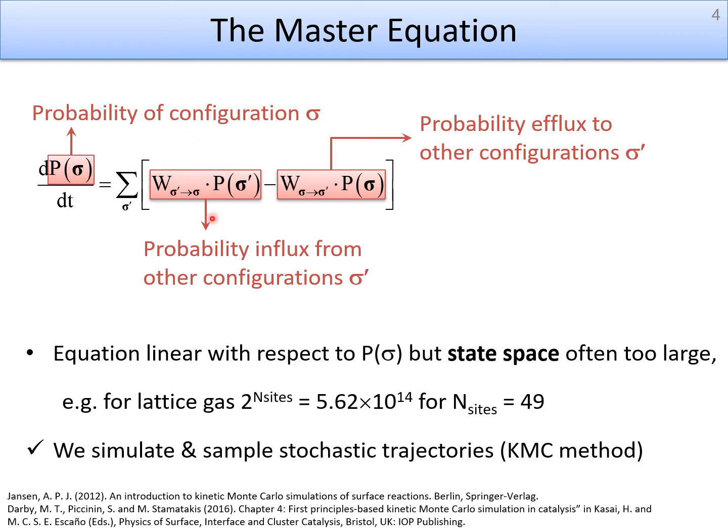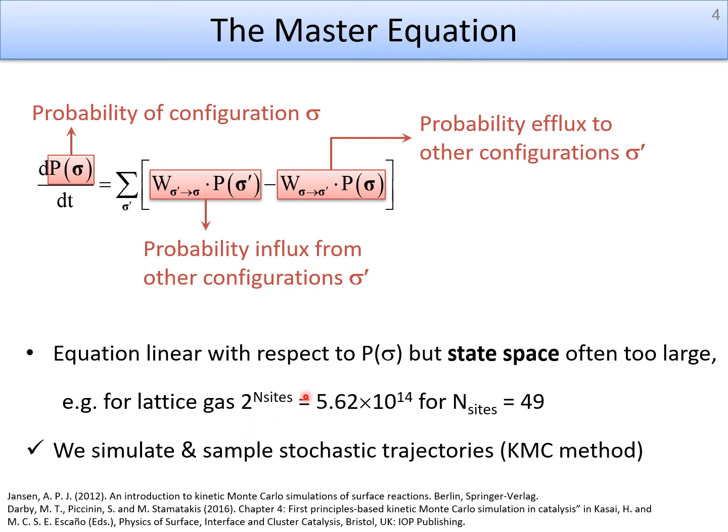So, for example, if n sites is 49, so we have a 7 by 7 two-dimensional finite lattice, and let's say that we had only one adsorbate on the lattice, this would give us two values for the occupation variable: 0 unoccupied, 1 occupied.